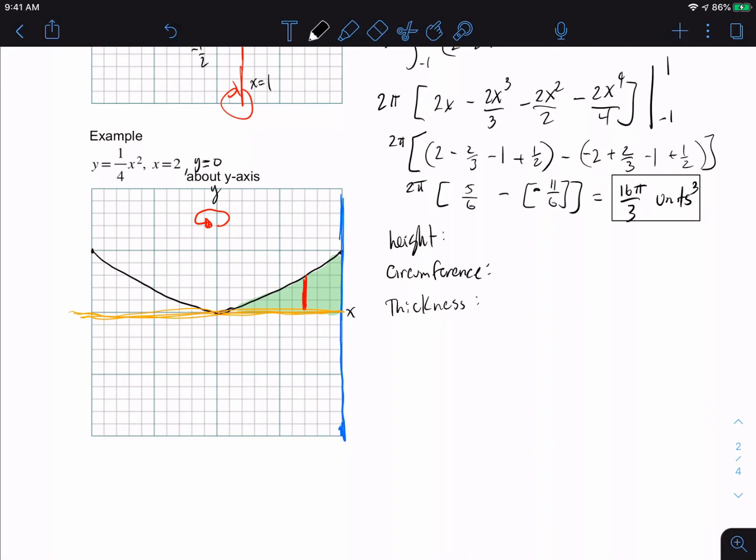All right, so what's the thickness then? That's right, it's going to be dx. Let's do the next easiest piece. What's the height?